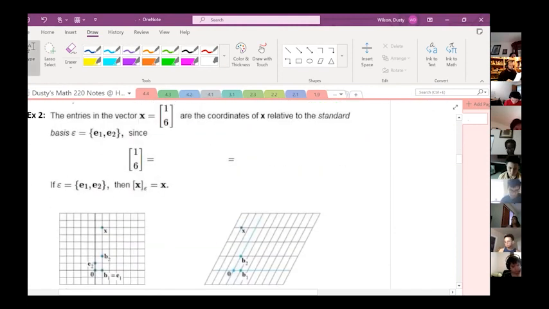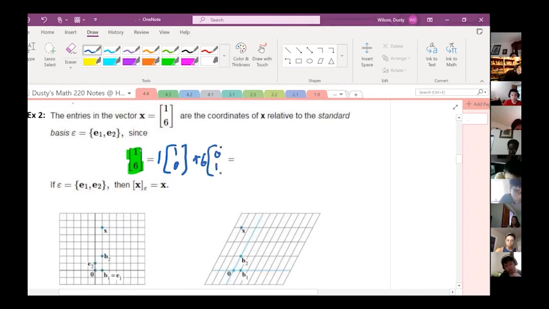So the entries of the vector x equal to 1, 6 are the coordinates of x relative to the standard basis E1 and E2. The reason is that 1, 6 would give me 1 times 1, 0 plus 6 times 0, 1, or 1 E1 plus 6 E2.